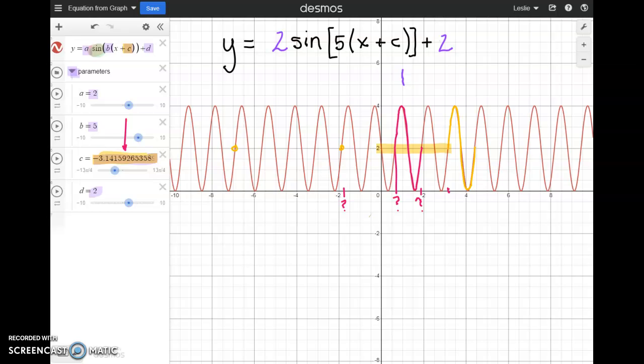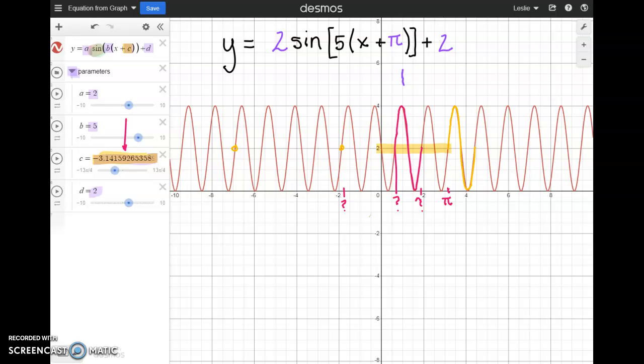Now this one works just fine as well, and we know that this one is pi. So we could change c to pi, or we could change it to any of these other values. The thing is, it's kind of hard to tell what any of these other values are. So I'm going to go ahead and stick with pi, but just know that it could actually be whatever any of these other pink values are on the x-axis.